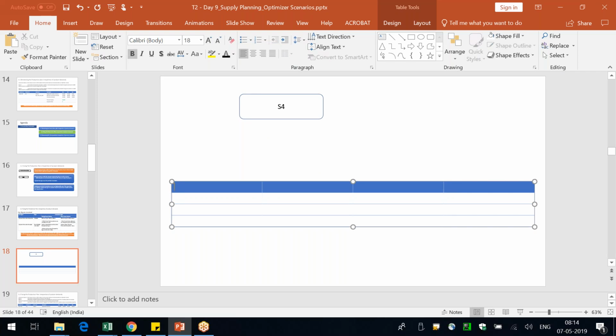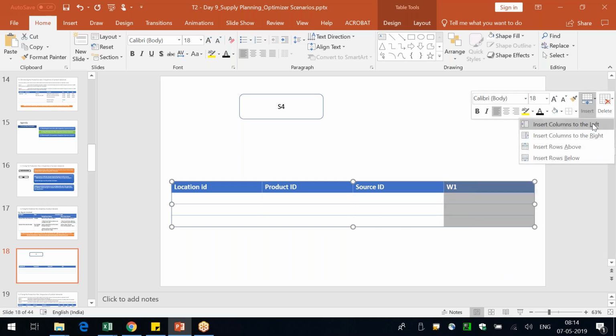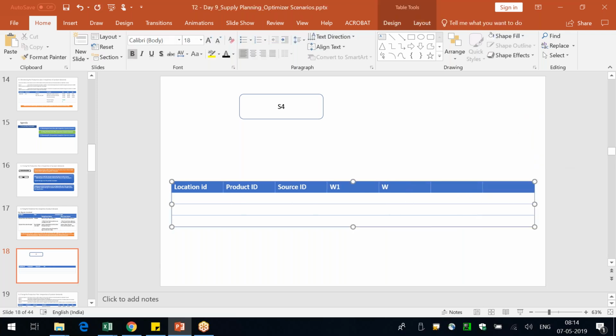This is a location. This is product. This is a source ID. This is a week one. Let's say on week zero, that means last week, you came up with a supply plan for plant 101.